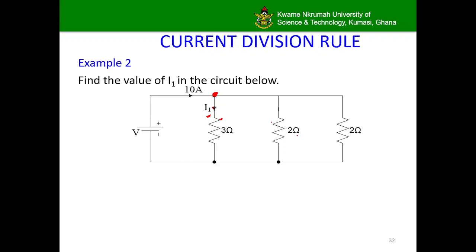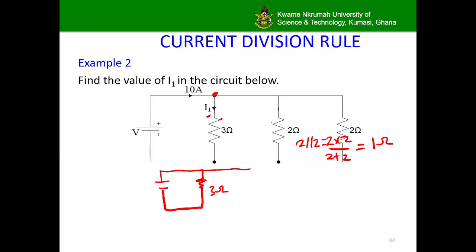What that means is that 2 and 2 in parallel is simply 2 times 2 over 2 plus 2, which results to be 1 ohm. And so our new circuit looks like this, and then a combination of the 2 and 2, which is 1 ohm.